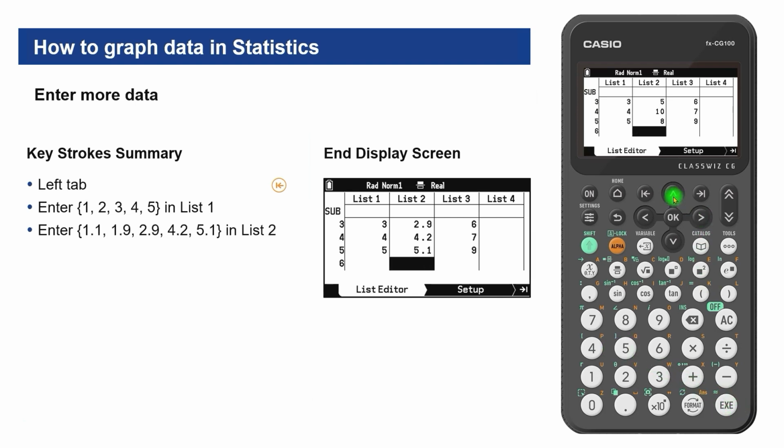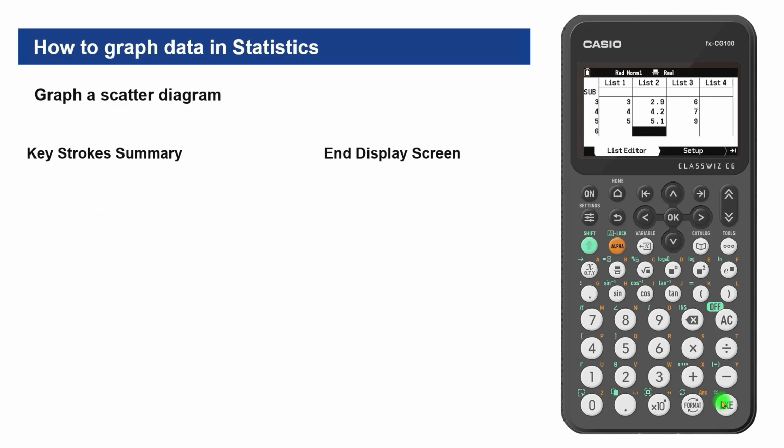Then enter 1.1, 1.9, 2.9, 4.2, and 5.1 in list 2. We can treat this data as paired or bivariate data and graph a scatter diagram.